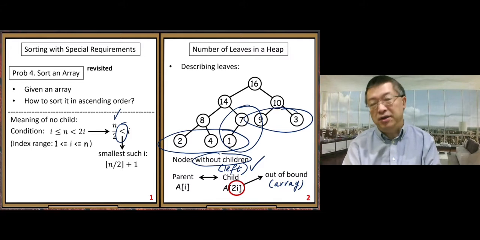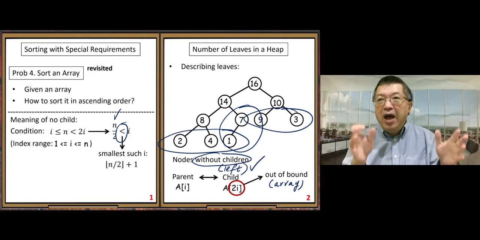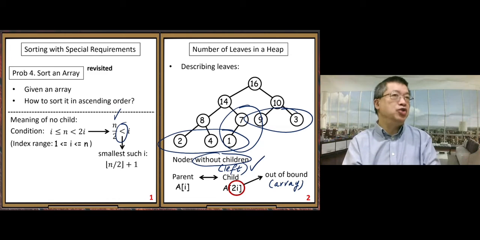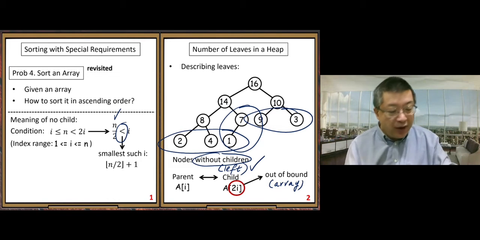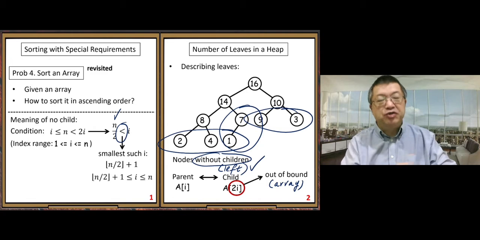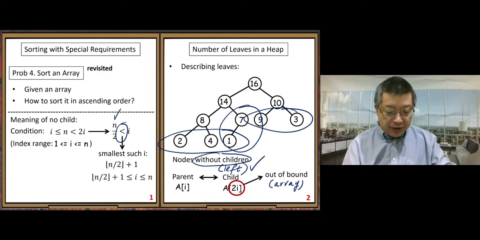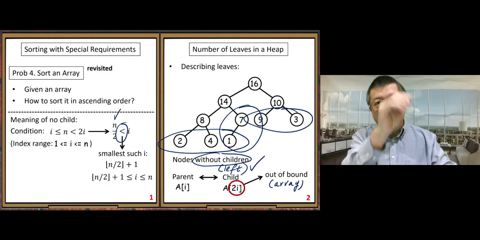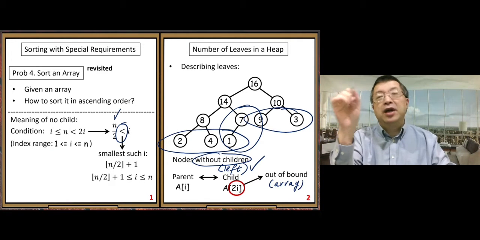You can easily verify that inequality relationship. All right, so after that, we can write the range for the index i corresponding to the leaf nodes: floor of n over 2 plus 1 is less than or equal to i, which is less than or equal to n.